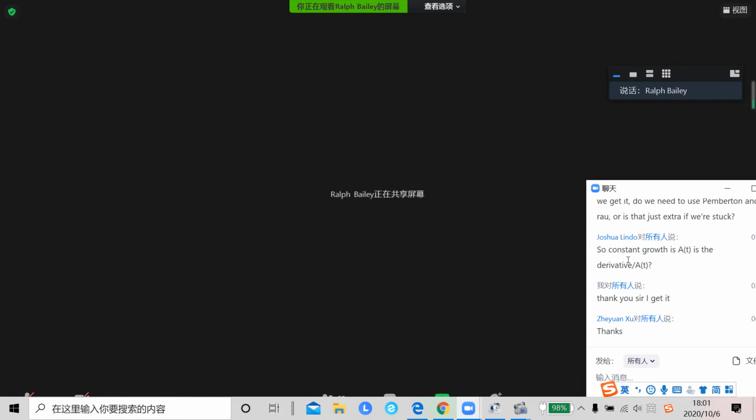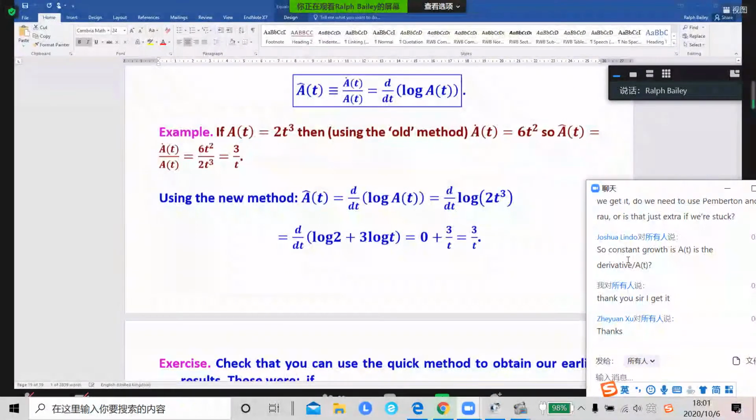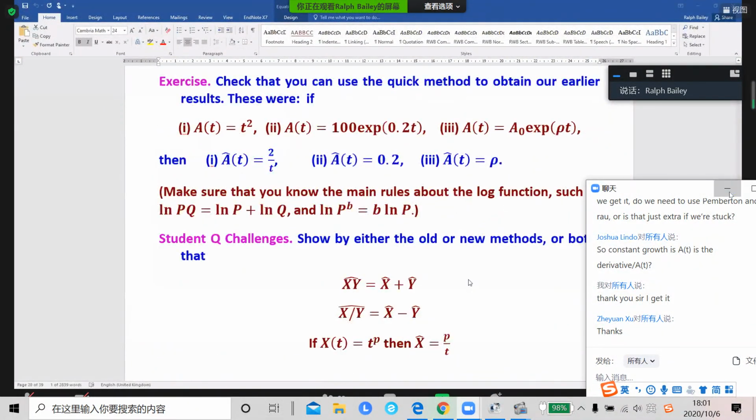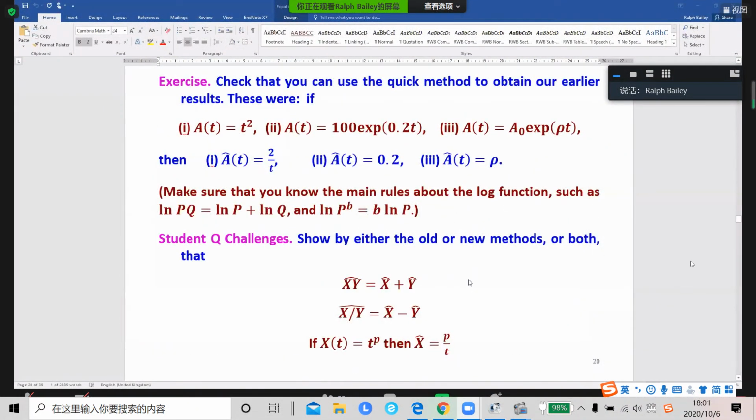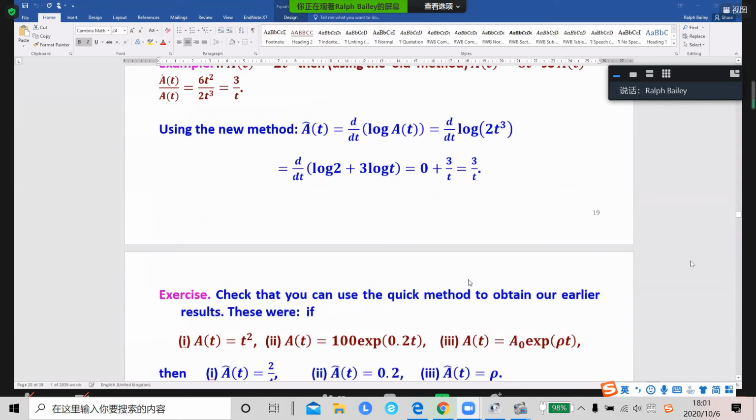And you can check yourselves at some point, I won't ask you to do it now, that you can use the result we've just put up, this one, to obtain the other things we've already obtained.